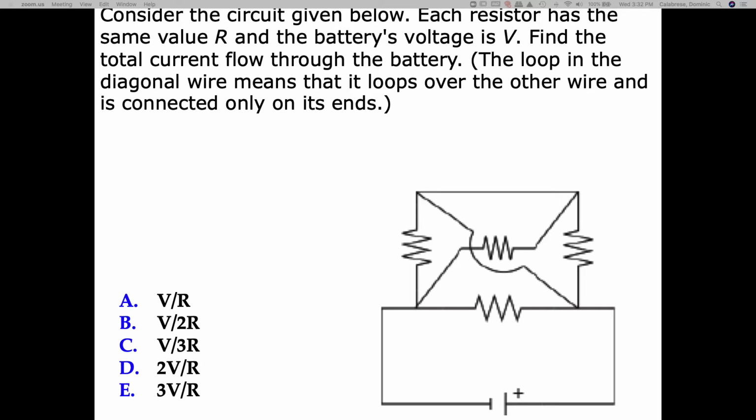Good question. The curved section basically represents one wire going over another. It's not an intersection.